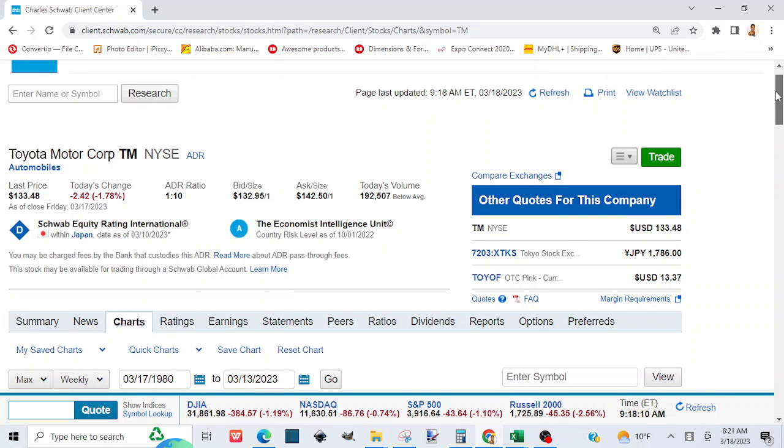So please let me know if you are interested in me showing how to look for dividend stock to invest in with the purpose of creating a stream of income through dividend stock. It's not like you are going to generate a lot of money right away in a short period of time. Doing that is a long-term goal.